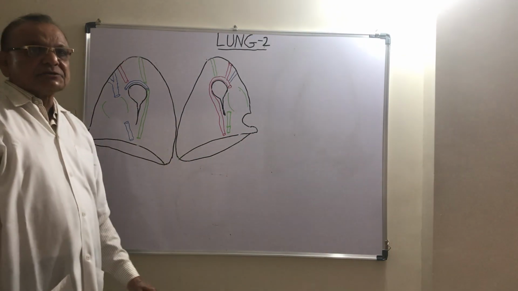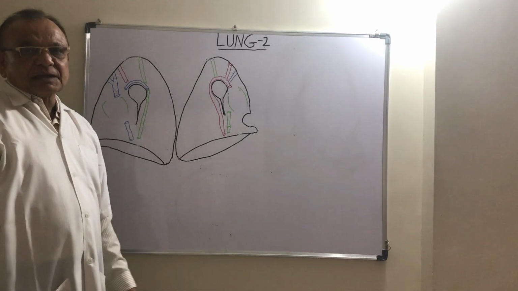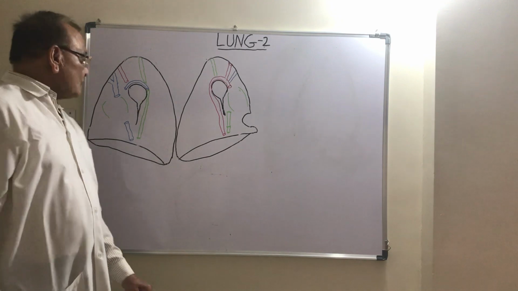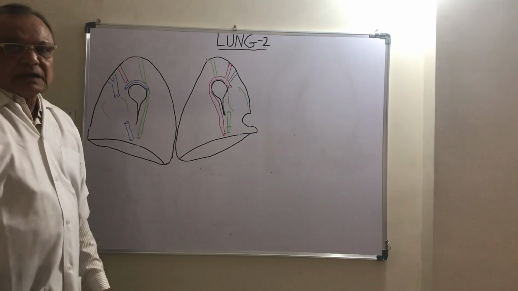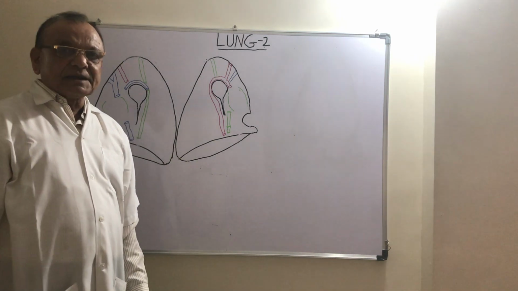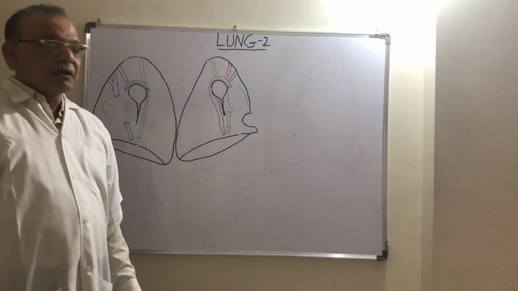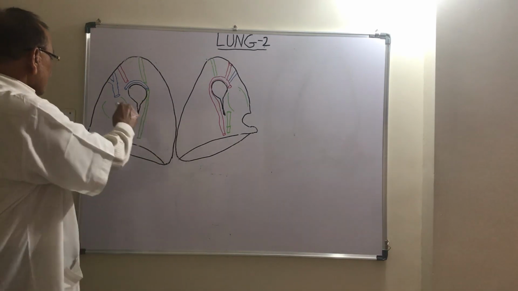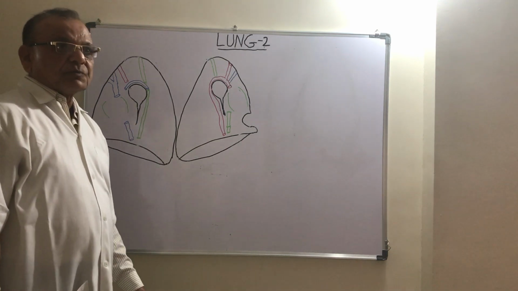This large depression is called the cardiac impression. So the cardiac impression of the right lung is related to two chambers of the heart: the right atrium completely and part of the right ventricle.